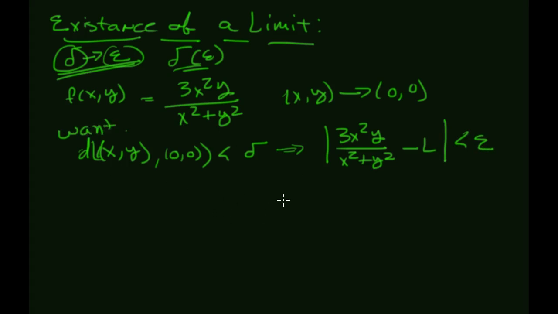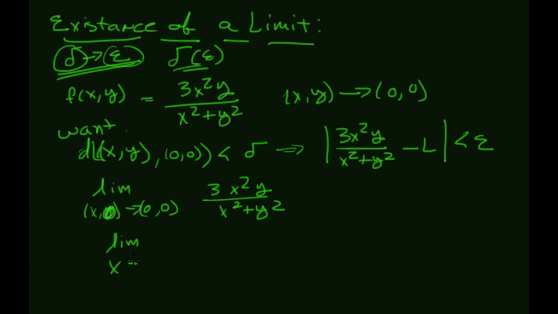So I want that to happen. This is what I want, right? Okay, so if I do a little bit of experimentation and I take things along the x-axis like I did before, so the limit as (x, y) approaches (0, 0), right, of 3x squared y over x squared plus y squared. So if I do this along the x-axis, that y is going to be 0. So this is going to be the limit as x approaches 0.